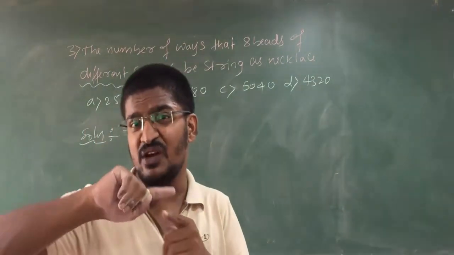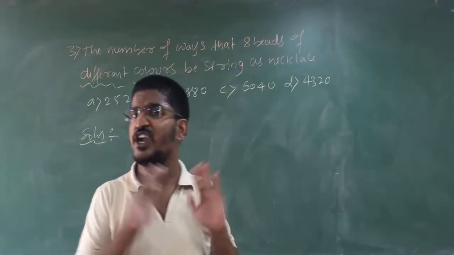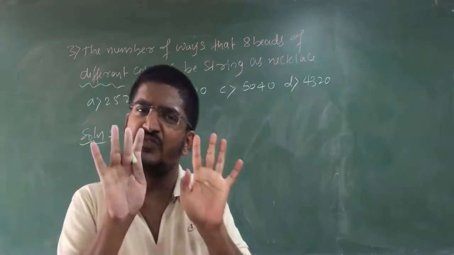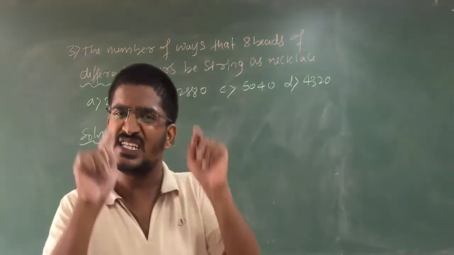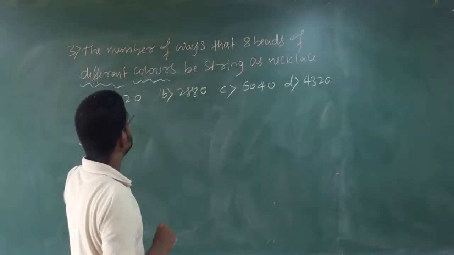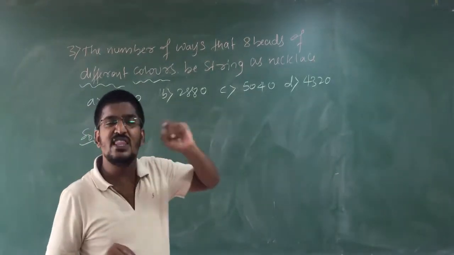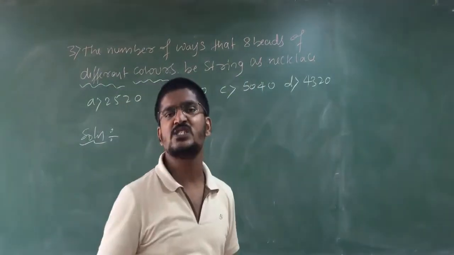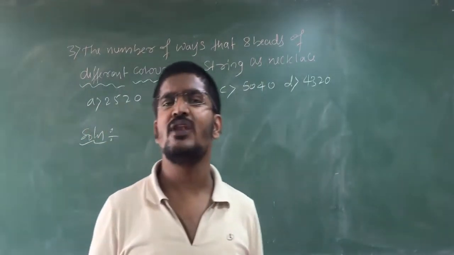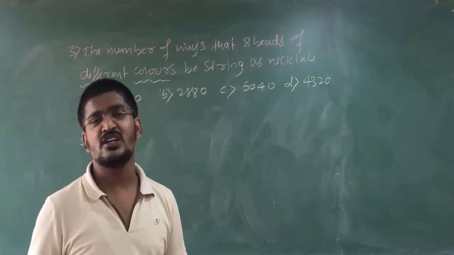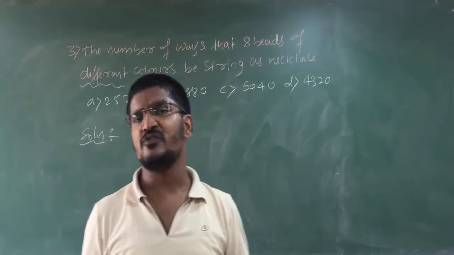Person to person, everything will be changed, different objects. Beads are the same but different color, no problem. So if you get confused, remember it as the necklace formula. For the necklace formula, n minus 1 factorial divided by 2. For different persons, you remember it as n minus 1 factorial.